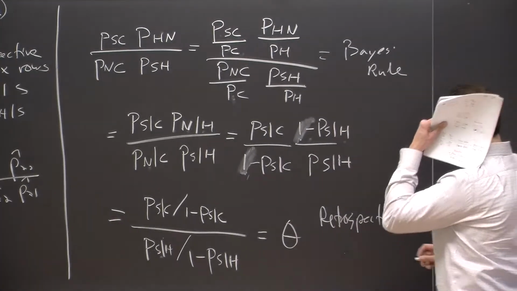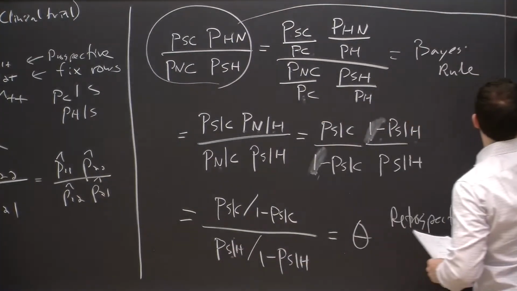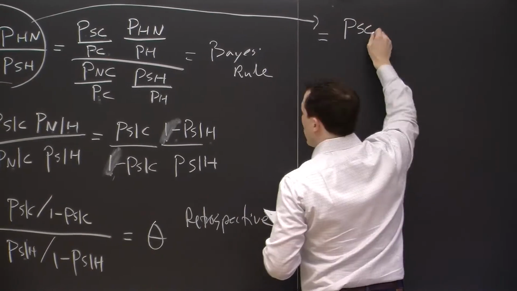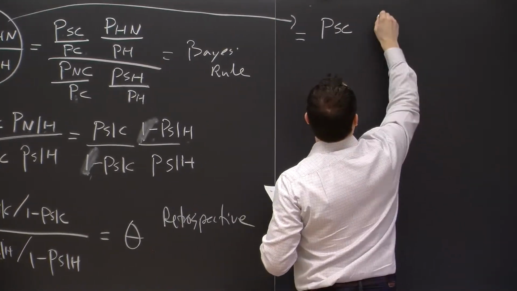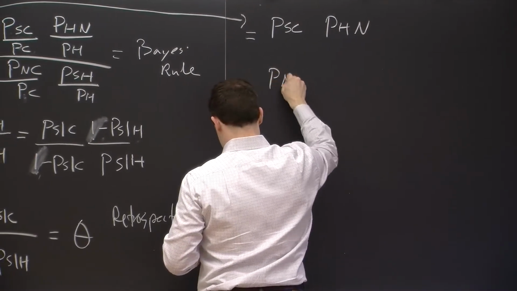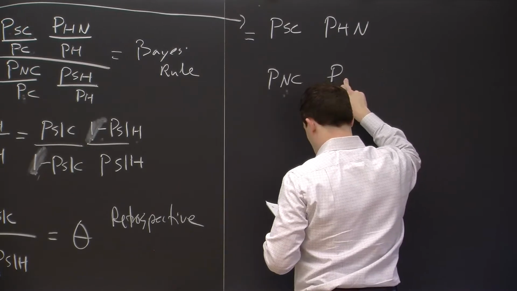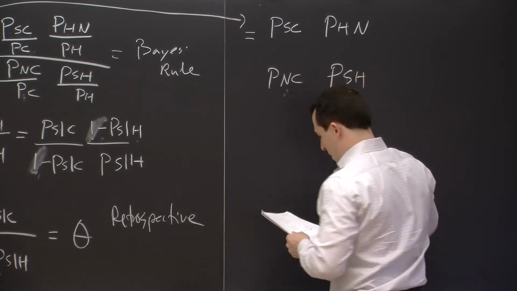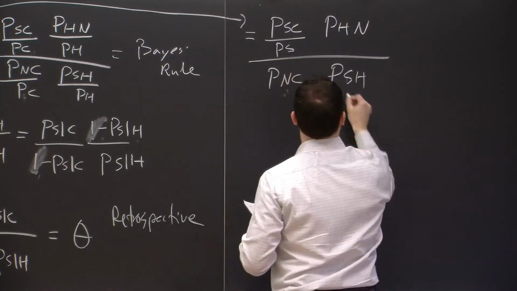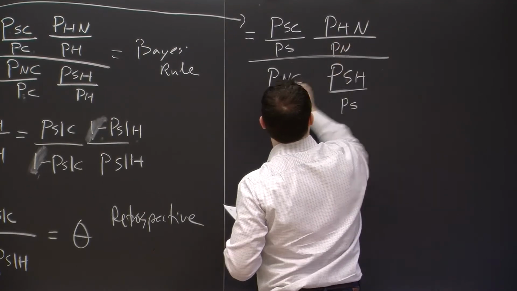And if I go the other way, I take this same quantity and say that it's equal to probability of smoking and healthy, probability of non-smoking and cancer, probability of smoking and healthy, and I'm going to divide by PS and PS, and divide here by Pn and Pn.